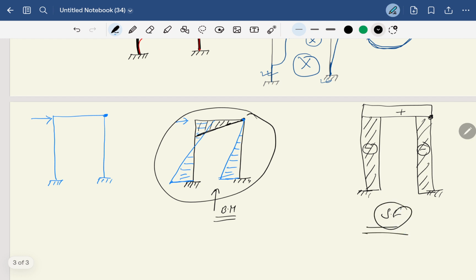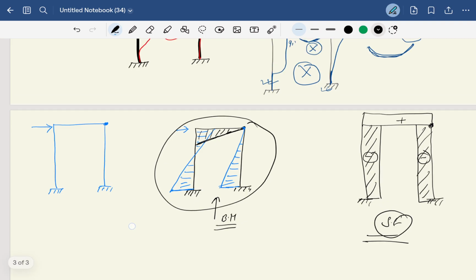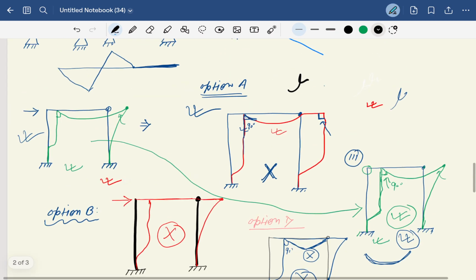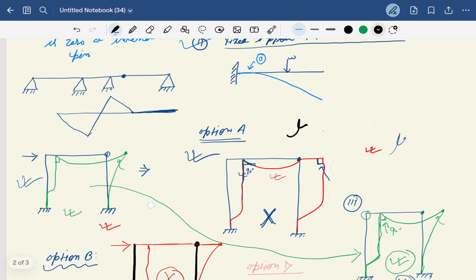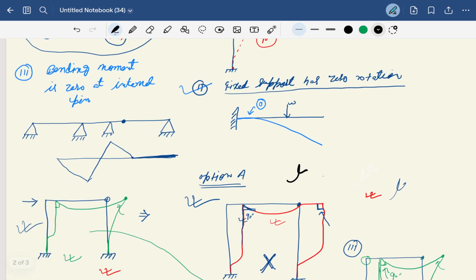So we have already seen the process to draw the shear force, bending moment diagram and deflected shape of the portal frame, because it is a very important question, and I have taken some interviews, okay. In each and every interview I really ask this type of question of those who came for the interview.